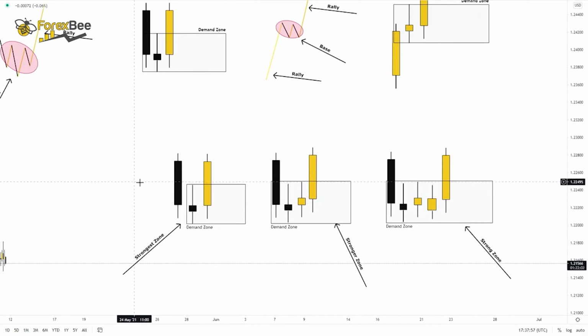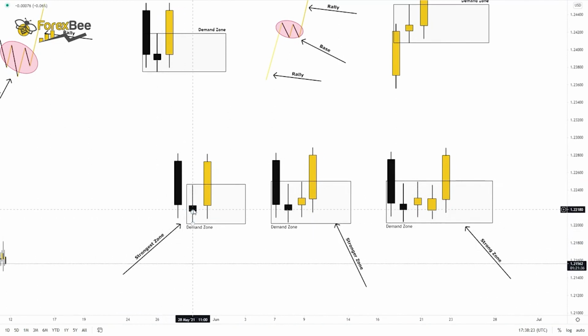The strength of a zone depends upon how many base candles there are in between two big candles. If the number of base candles is large, the zone is weak, and if the number of base candles between two big candles is less, then the zone is the strongest one.